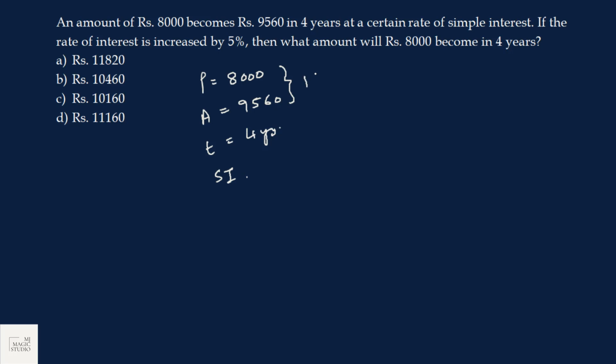Okay, difference is 1560. Divide that by 4, that is 390 per year. So 390 by 8,000 into 100 will give the interest rate, 39 by 8%.